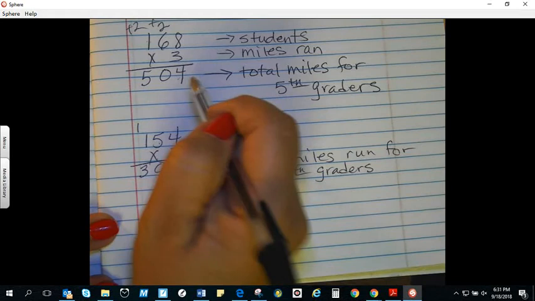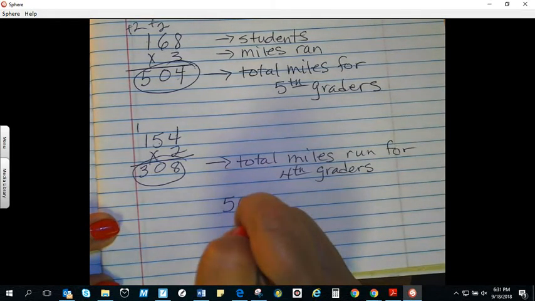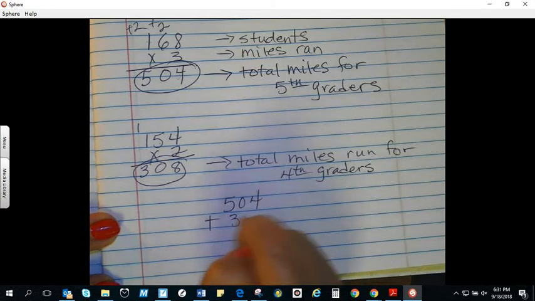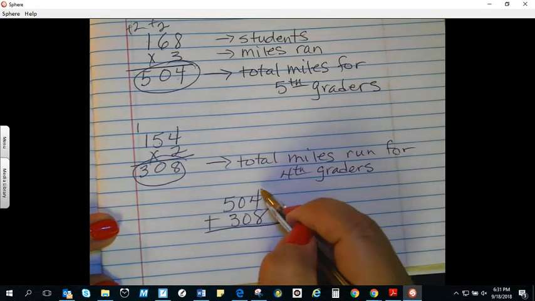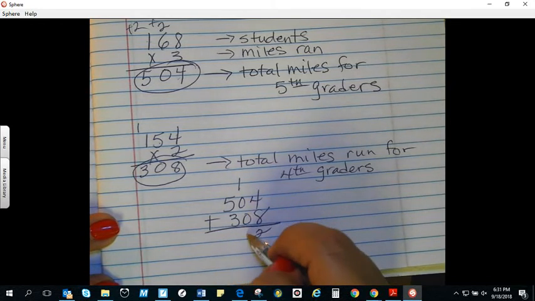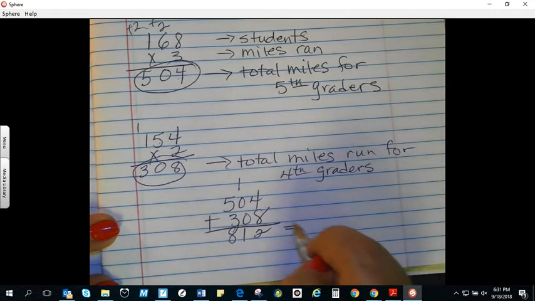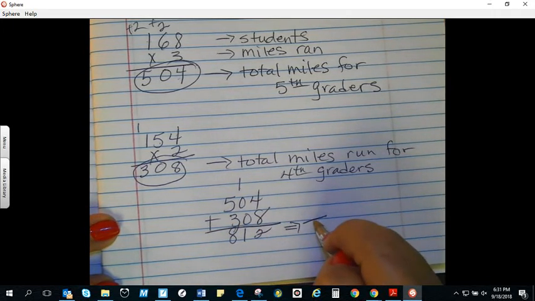Now, you said I was going to add, so I need to take these two totals, 504 plus 308. 8, 9, 10, 11, 12, carry. 0 plus 0 is 0, plus 1 is 1, and 5 plus 3 is 8. So this is the total.